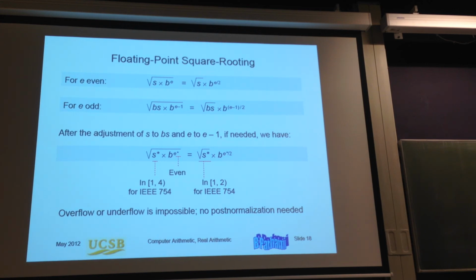Now, I also have another operation, which is square root. And square root can be solved. I need a unit which can do square root. That one is kind of similar to the divider. And I have to do some kind of normalization. I have to play a bit with the exponent. If the exponent is even, it's simple.